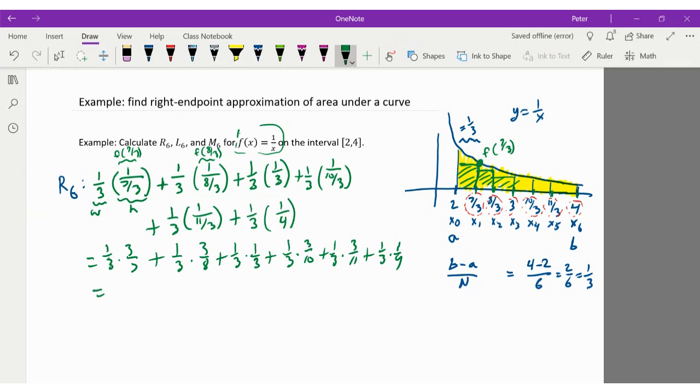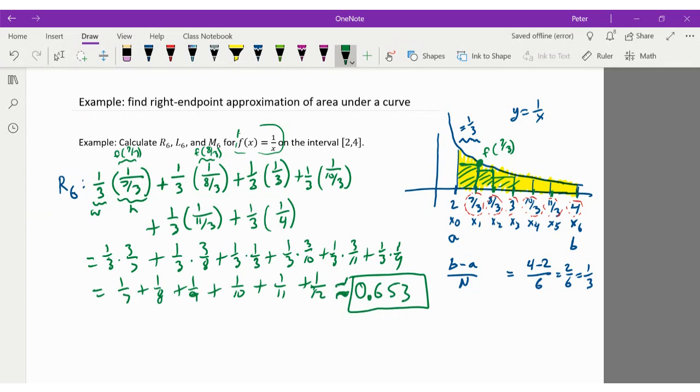That comes out to 1/7 plus 1/8 plus 1/9 plus 1/10 plus 1/11 plus 1/12. Isn't that convenient? When we add it up, the example actually came from the textbook, you get 0.653 approximately. So that's the approximate right endpoint approximation.